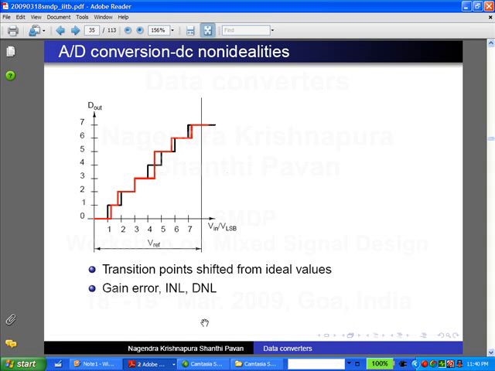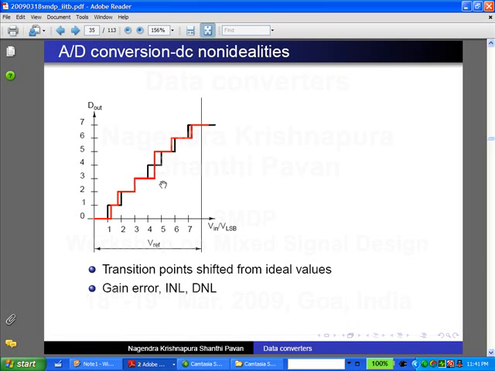Now what happens in a real A to D? You wanted to have a jump at 1 VLSB, and it turns out because of some errors it is slightly greater than 1 VLSB, as you see here. The second jump should have been at 2 VLSB, it happens to be at less than 2 VLSB. The third jump happens to be exactly at 3 VLSB.